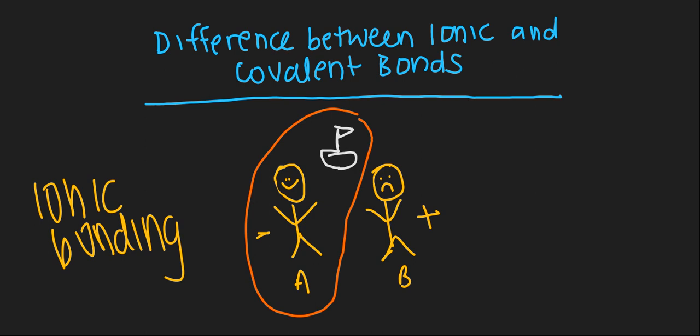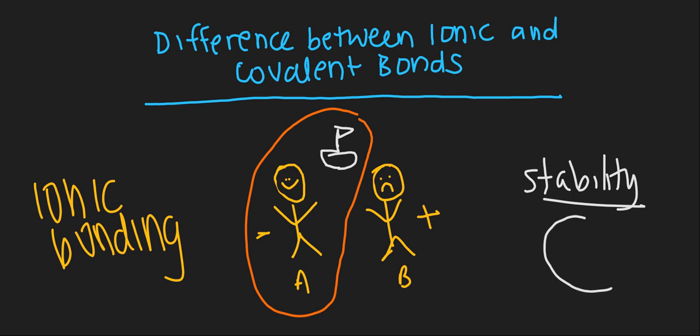But both of them are still in the end happy because they are able to reach stability. And that's the ultimate goal of these bondings. They're supposed to be stable. And by stable, I mean that the outer valence electron shell is full.